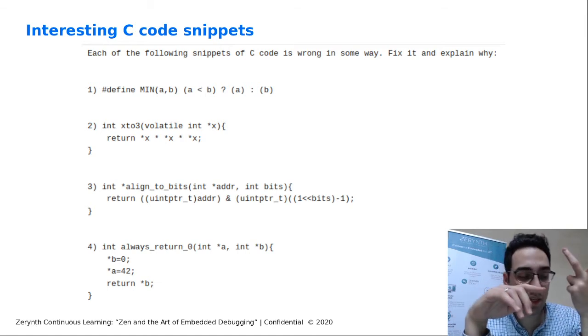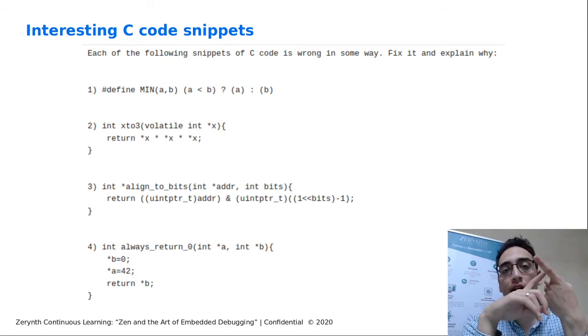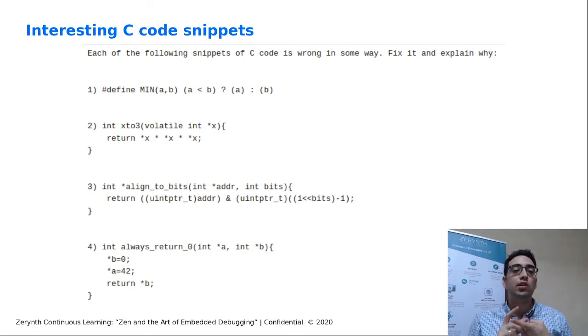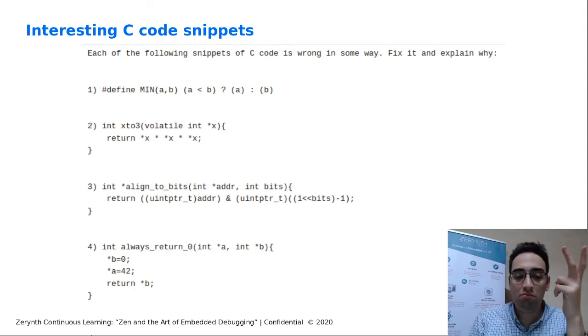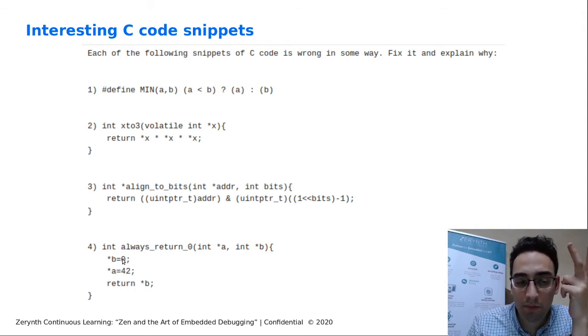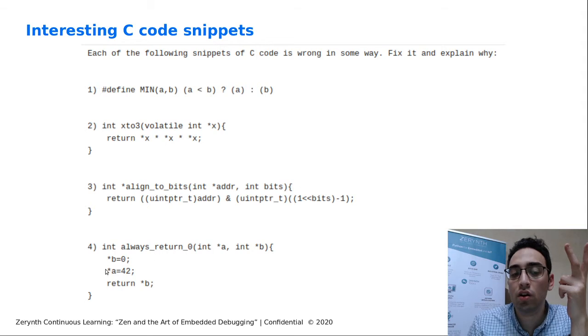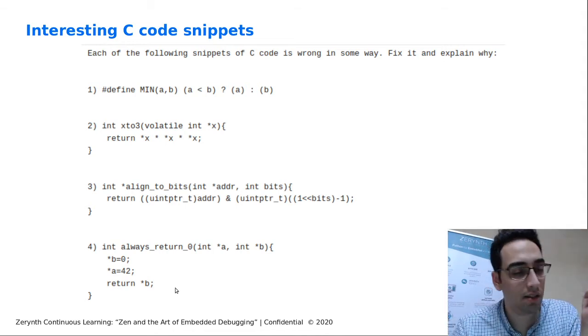The first problem is that this is not executed atomically. Essentially, you can put a 0 in B, and then an ISR changes the value of B, and then you return B, which is something else.